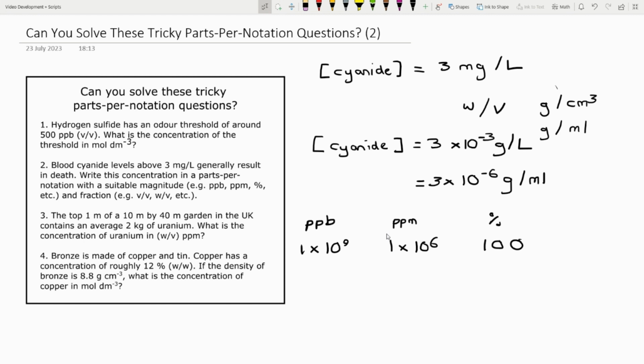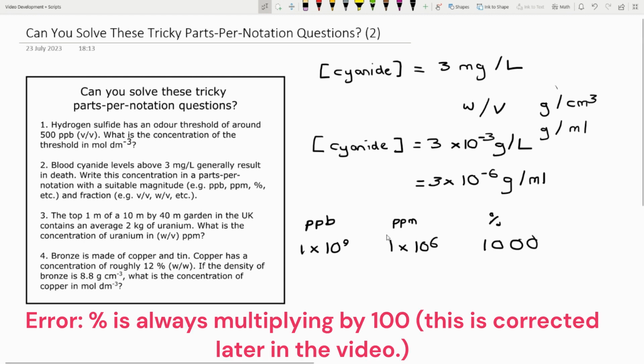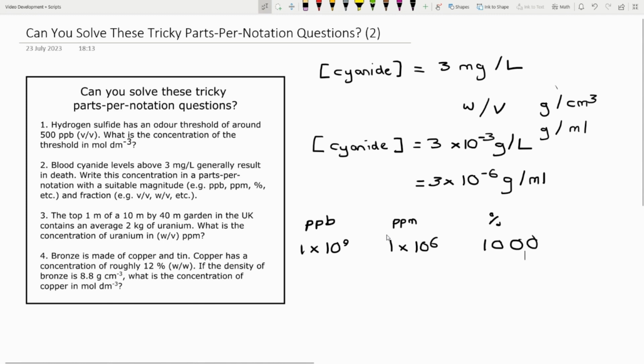So let's do this for each. If we multiply by 1 times 10 to the power of 9, we'll have 3,000 parts per billion.